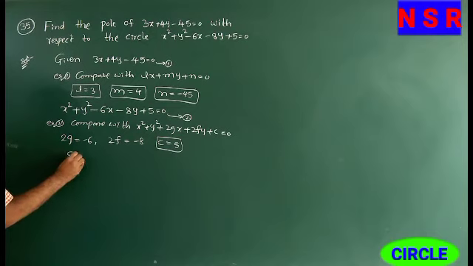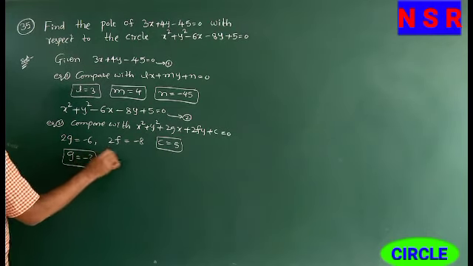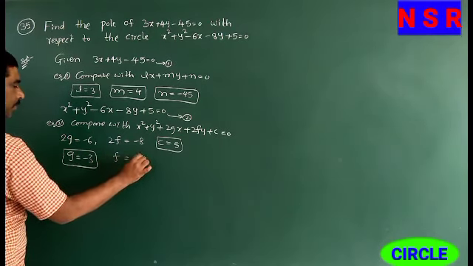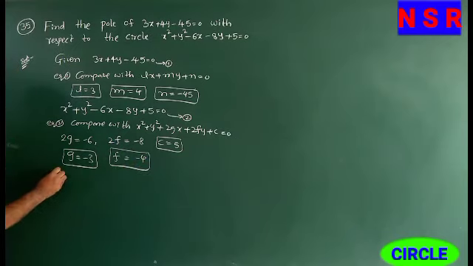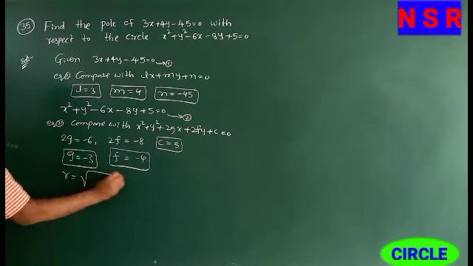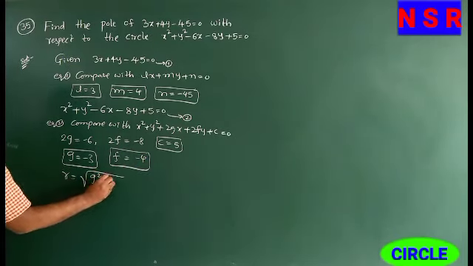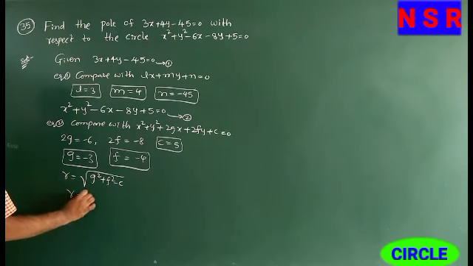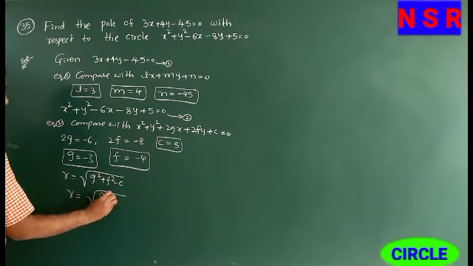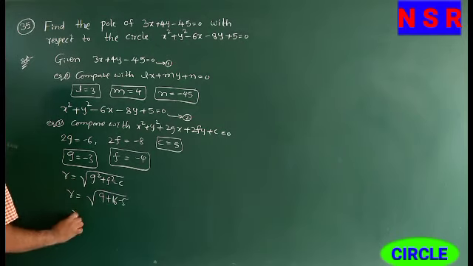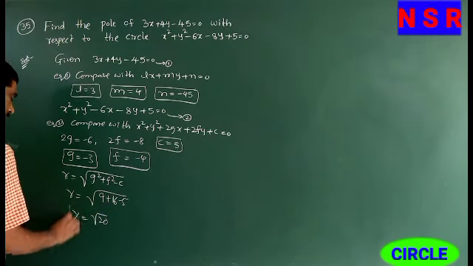Now g is equal to -6 by 2, -3 and f equal to -8 by 2, -4. And here radius is root of g² + f² - c. So -3 square 9, 4 square 16, minus 5. So r is equal to root of 16 + 9 - 5, 20. So this is r value.